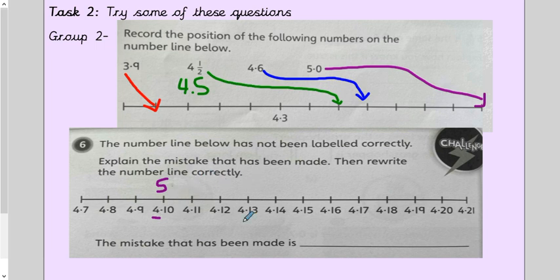So the mistake is that they've not exchanged their tenths for a 1. They've just carried on counting up in tenths when actually the 10 tenths need to be exchanged for a 1, so the ones can increase, and then you start back at 1 tenth, 2 tenths, and so on.